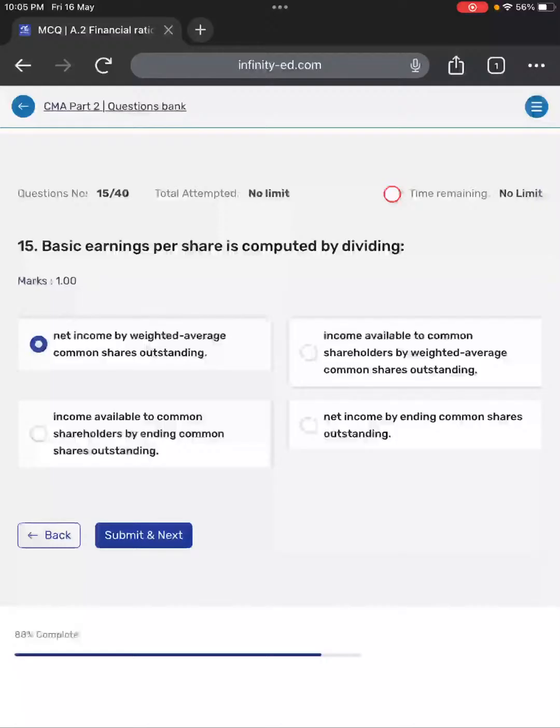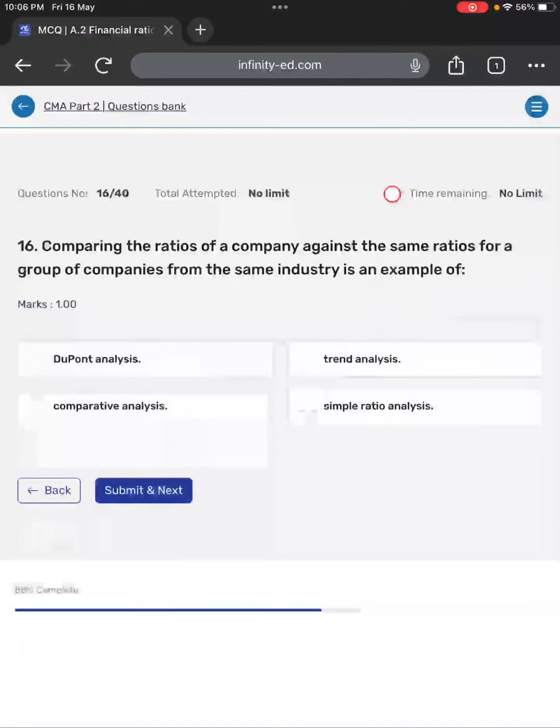This first answer is correct. Net income by ending common shares is not right; net income divided by weighted average common shares is correct. No other option need to go.